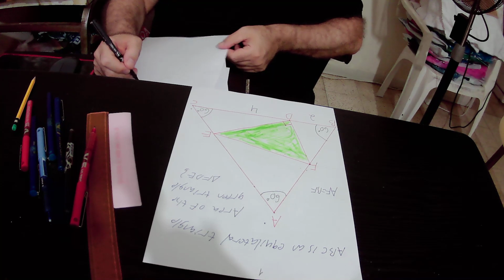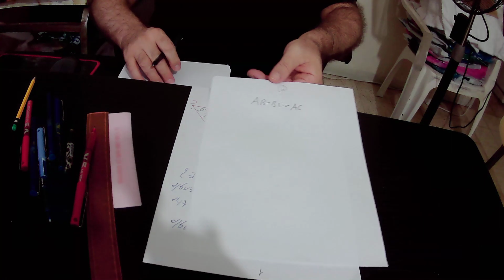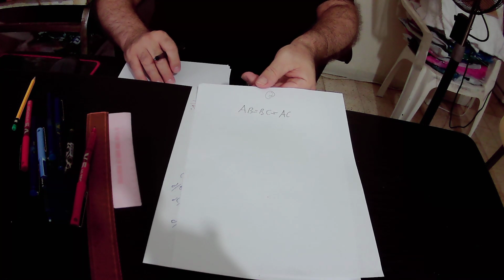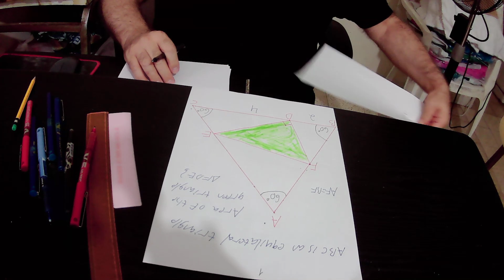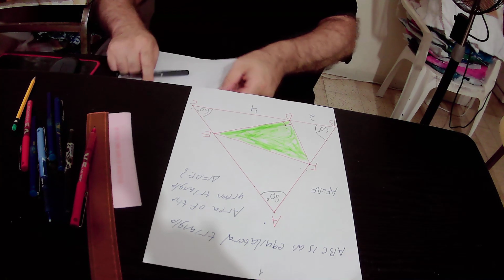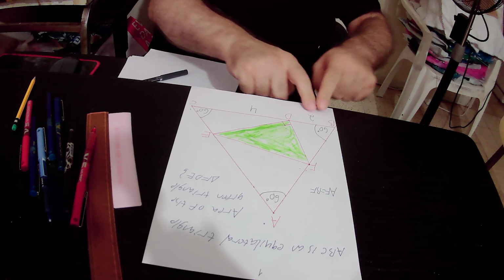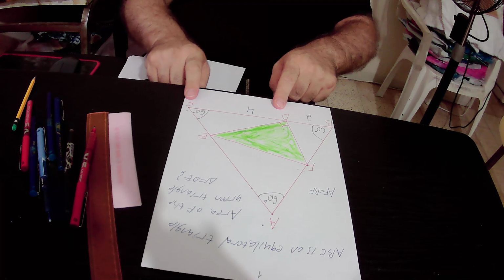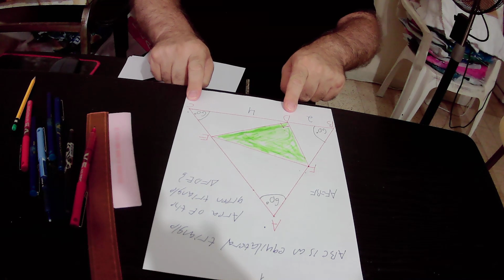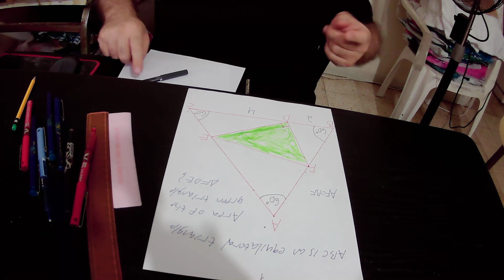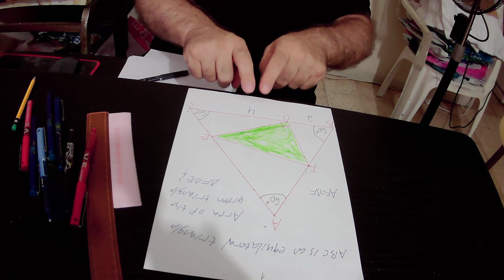So AB equals BC equals AC, but what is the size of BC? BC equals BD plus DC. Again, BC equals BD plus DC. But BD equals 2 units and DC equals 4 units.